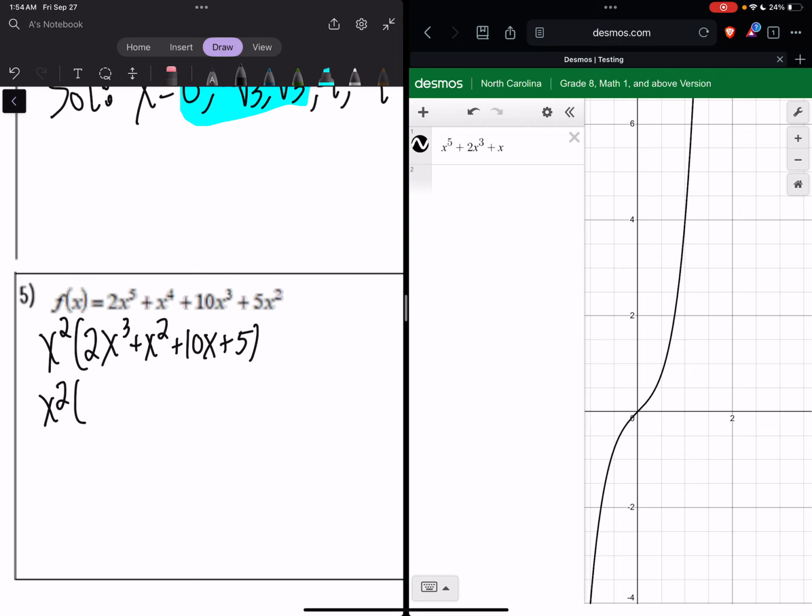Okay, with grouping, which I'll denote in green here, my GCF is going to be x squared, and I'm going to be left with 2x plus 1. GCF of the second is going to be positive 5. I'm going to be left, again, with 2x plus 1.